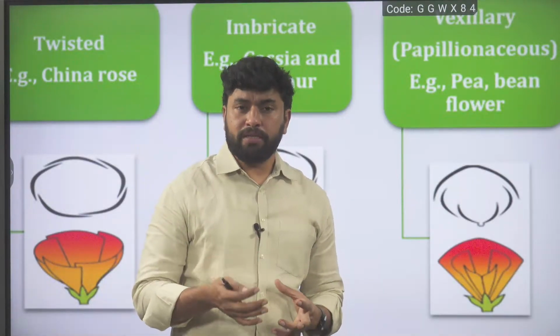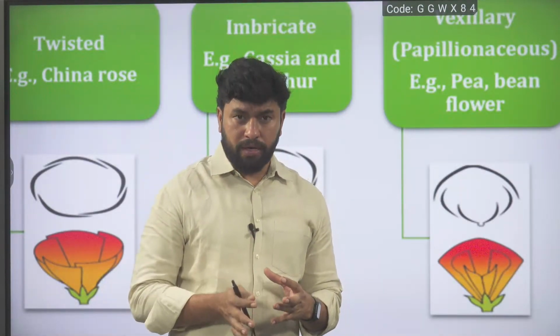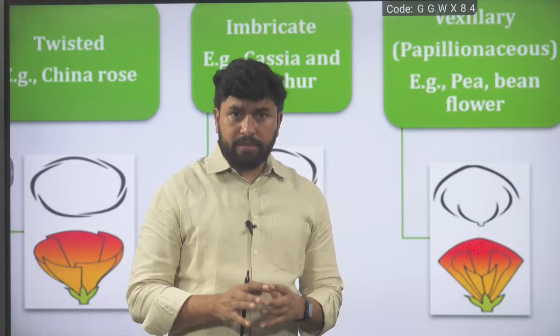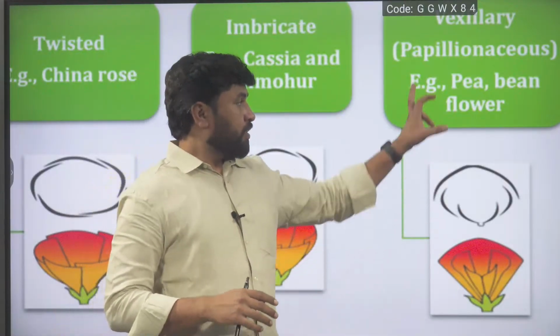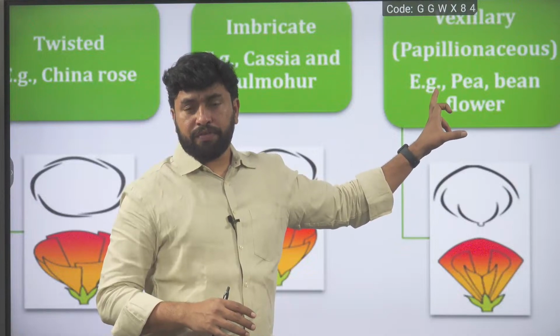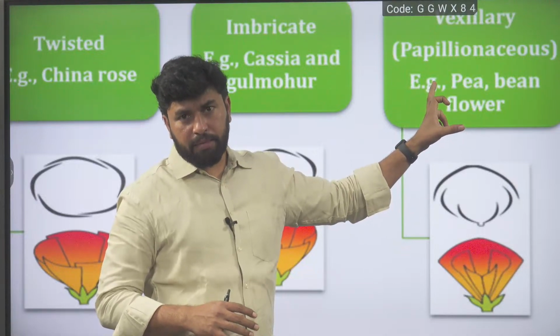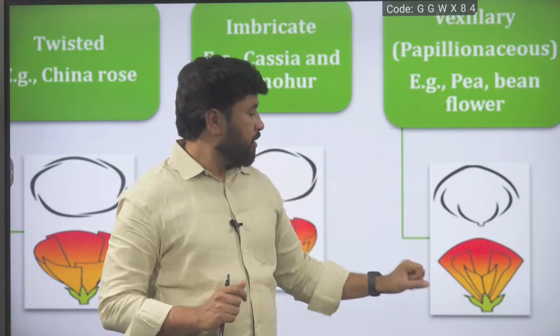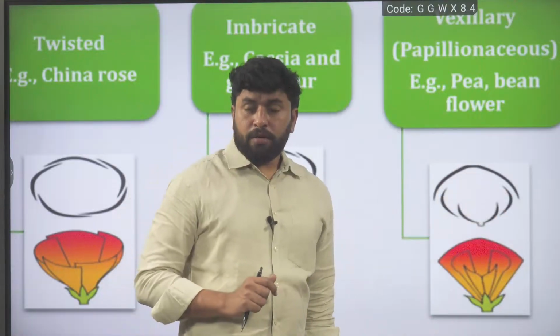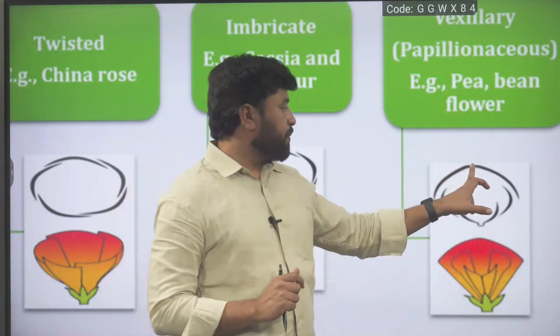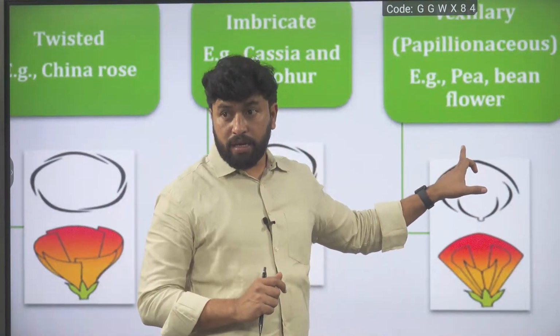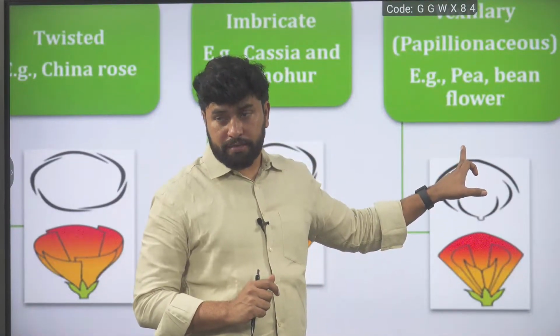Papillonaceous corolla means butterfly-shaped corolla. Vexillary means the aestivation name. Over there, imagine this is a characteristic feature of a family called Fabaceae or bean family. In the posterior side, one large petal is present. That large petal is called the standard petal. It is always located at the posterior side.